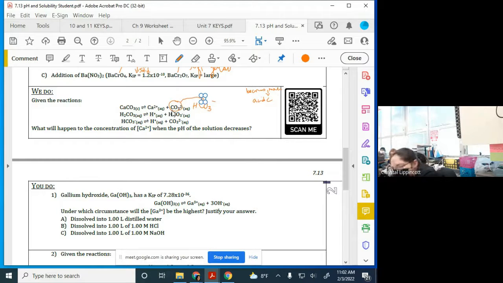So if we pull some of this away, what's going to happen to this? Yes, we're going to shift right. So we're going to make more of this, aren't we? So that's going to increase. They're asking what would happen to our Ca2 plus here. It's going to cause an increase in the Ca2 plus.